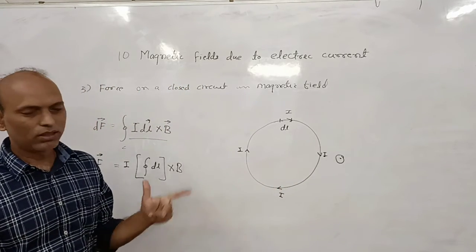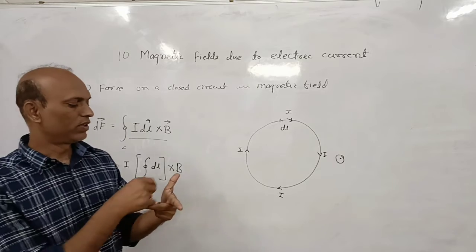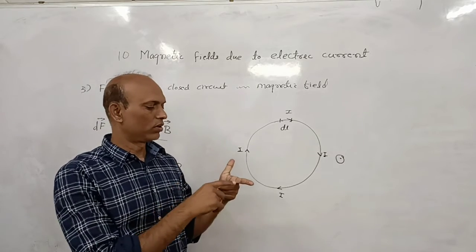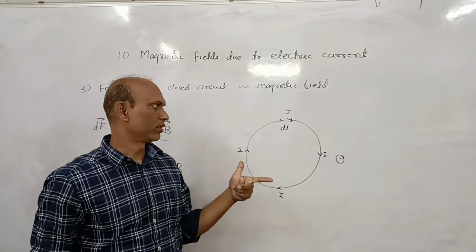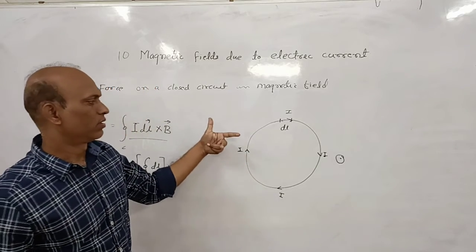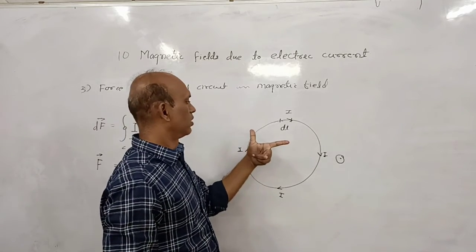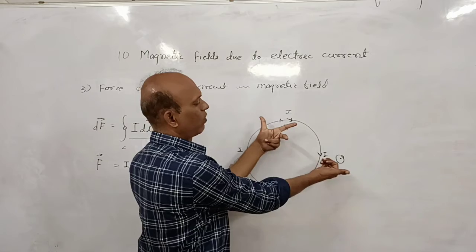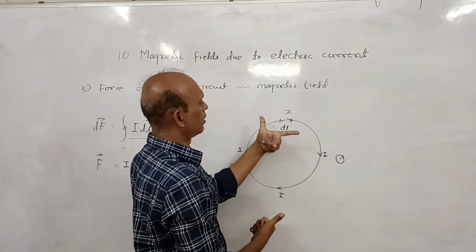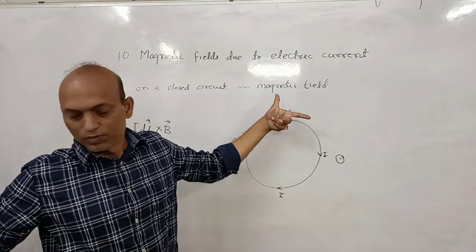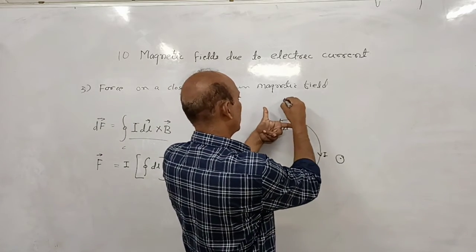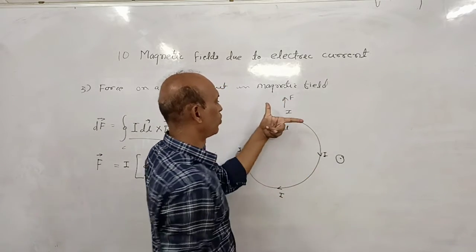The thumb gives the direction of force, this finger gives the direction of current, and this gives the direction of magnetic field. In this case, if we consider this is the direction of the magnetic field, and this is the direction of current, the force will be exerted in this direction.